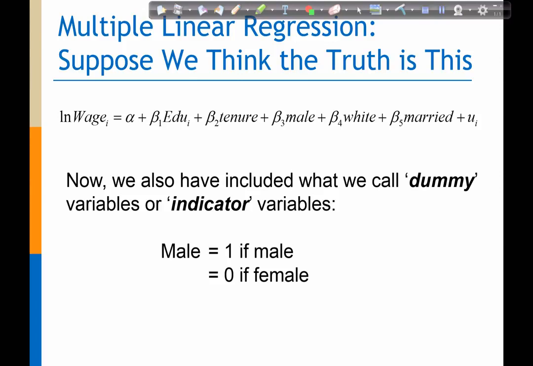It's actually qualitative. So a male dummy variable would be equal to 1 if you're male and equal to 0 if you're female. A white dummy variable would be equal to 1 if you're white and 0 if you're non-white. A married dummy variable would be equal to 1 if you're married and 0 if you're not married.